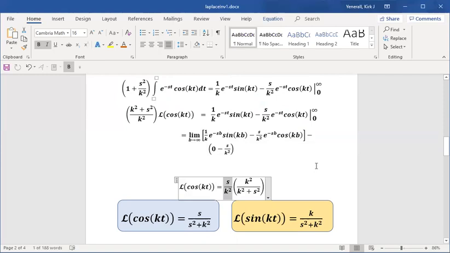Now we're looking to solve for the Laplace transform, so we multiply both sides by the reciprocal of k squared plus s squared over k squared. And then when we do that evaluation, k squared divided by k squared cancels out, and we get the result that we were looking for, s divided by k squared plus s squared. And that's the Laplace transform for the cosine of kt.